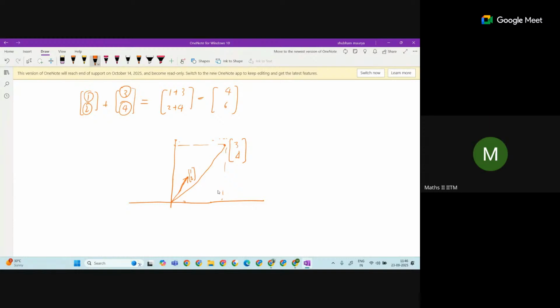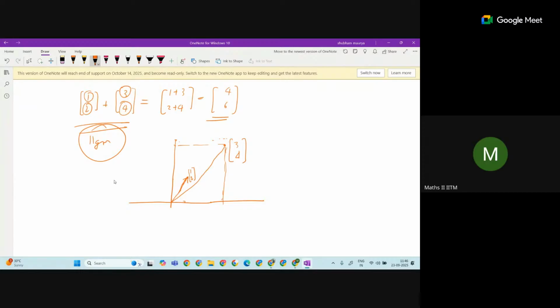So when I added, I got this vector. So how is it added? It is added by the parallelogram law. So what is the parallelogram law? This itself is called the parallelogram law.